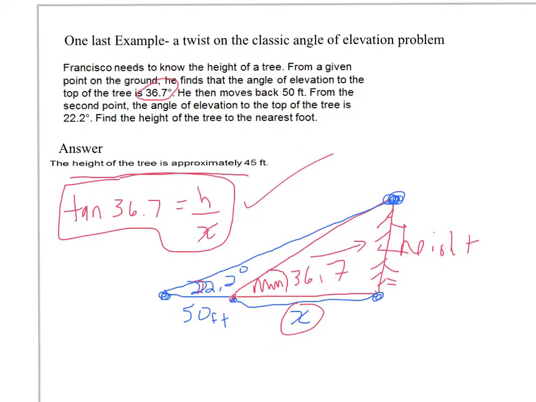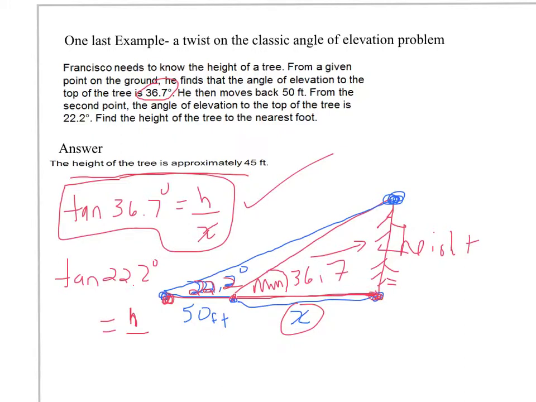But now put yourself at that 22.2 degree angle. Well, we know that tangent of 22.2 degrees is equal to the height of the tree, I'm just going to call that h for the height of the tree, over the distance from here all the way to here.